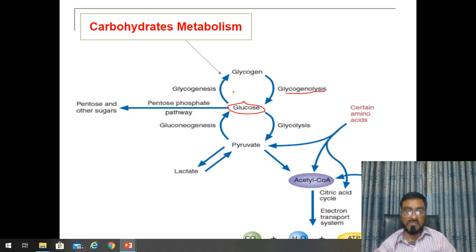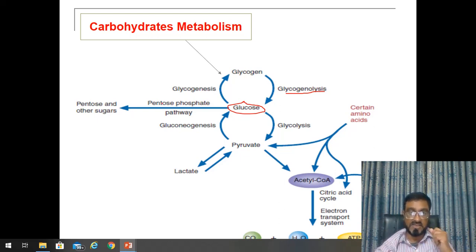So now you can remember the several reactions and pathways involved in this metabolic process. Up till now we have talked about glycolysis, the Krebs cycle, the electron transport chain, glycogenesis, and glycogenolysis. These are pathways consisting of several reactions.